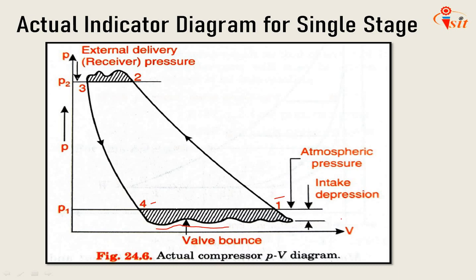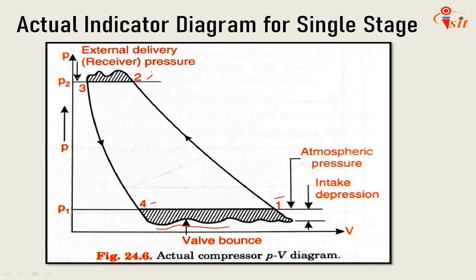What is called suction is really the atmospheric air forcing its way into the cylinder against reduced pressure. A similar situation occurs at point 2. At the beginning of compressed air delivery, there is a pressure rise followed by valve bounce, and the pressure then settles at some pressure above the external delivery pressure. Compressed air is usually delivered into a tank called the receiver, and hence external delivery pressure is sometimes called the receiver pressure.